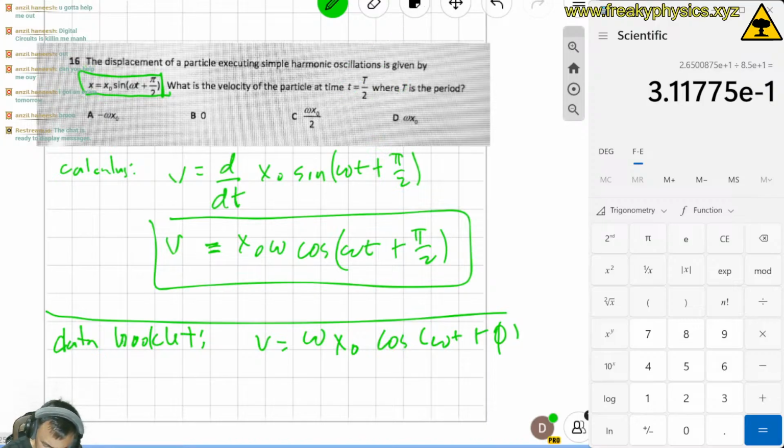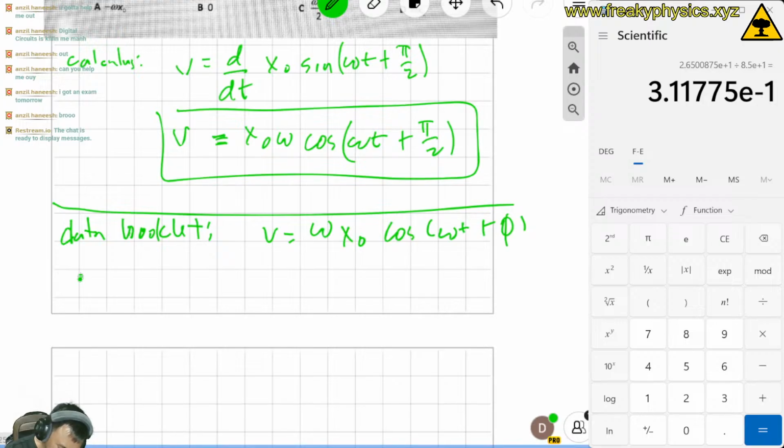What is the period in terms of the angular frequency? Omega is equal to 2 pi f, so the other way: omega is equal to 2 pi over the period. This already tells us this is the fastest way.